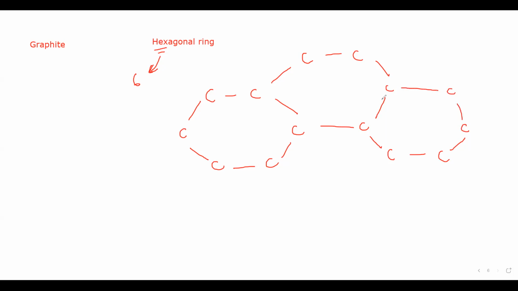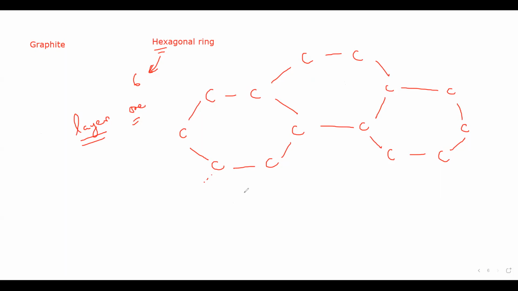So this is another ring. When these rings are connected with each other, we call that a layer. So this is one layer, or layer one, of graphite. Graphite has a hexagonal ring and a layer structure. This structure will continue, but we are not drawing it in full.